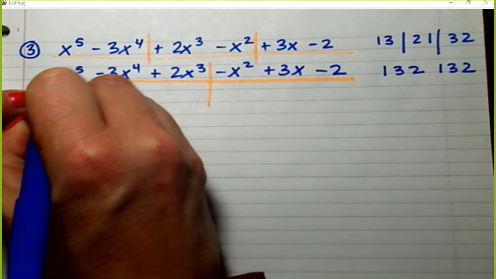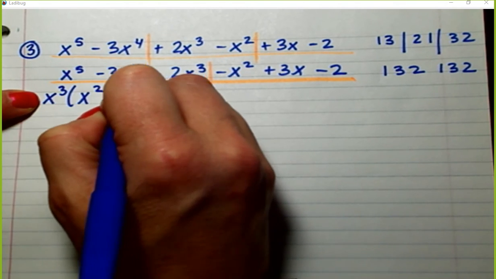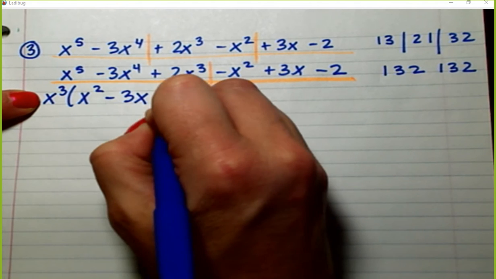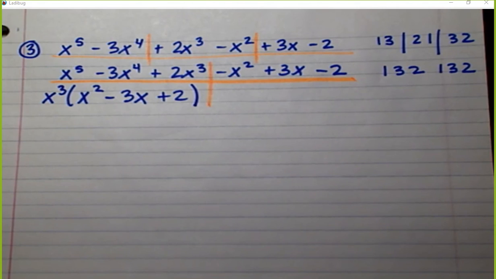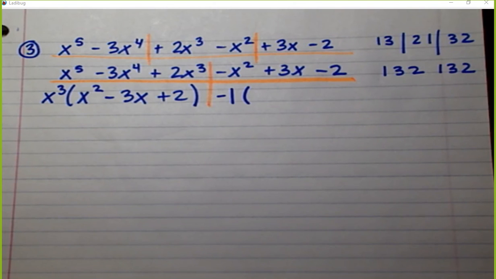So you do your GCF, minus 3x, then I see a common -1 here.